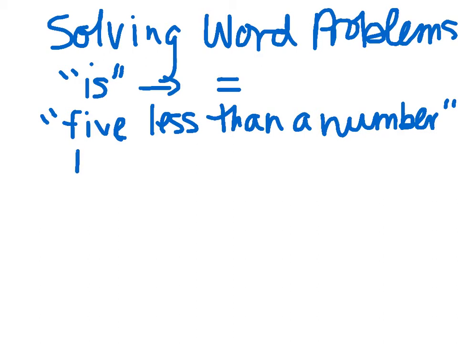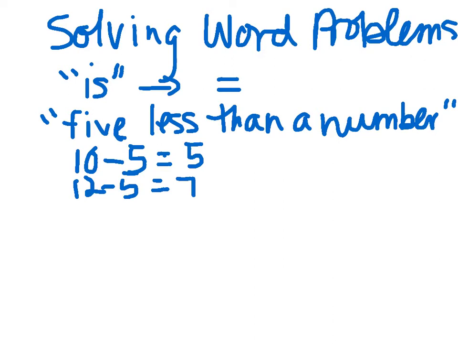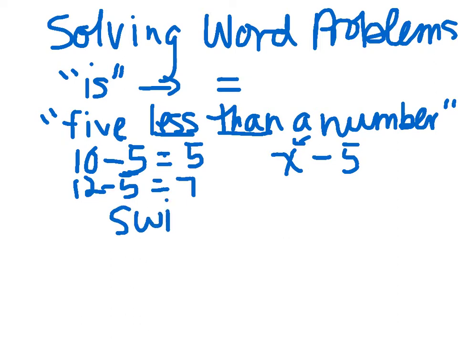For example, if something is 10, 5 less than 10 is 5. 5 less than 12 is 7. For that same reason, if I want to know 5 less than a number, I start with the variable, which is representing the number, and I take 5 away. When you see the words less than, remember you need to switch the order that it's written in.